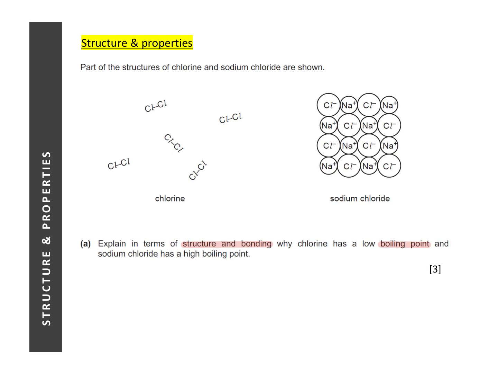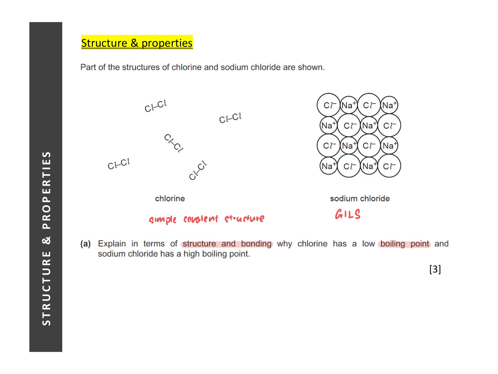For that, the question already tells you to answer in terms of structure and bonding. So first thing, we need to identify the structures of chlorine and sodium chloride. Chlorine has a simple covalent structure or simple molecular structure. Sodium chloride has a giant ionic lattice structure.